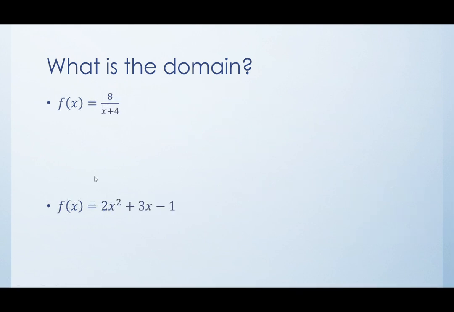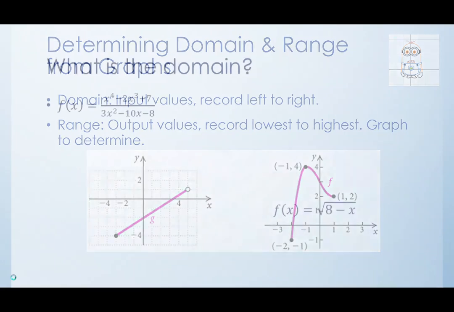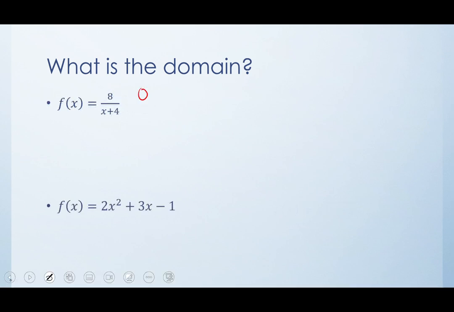So just a couple more examples, and then I'll throw you in the deep end, right? We've got f of x equals 8 over x plus 4. And so obviously we've got x's in the denominator, so we do need to worry about division by 0. Let's try this again.